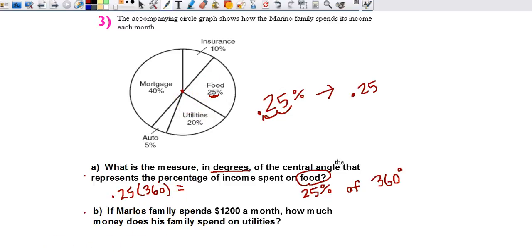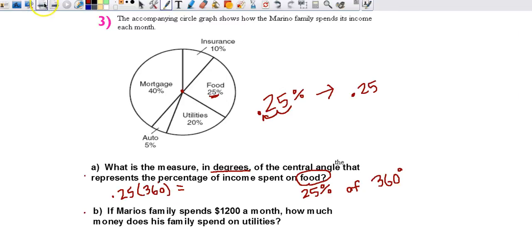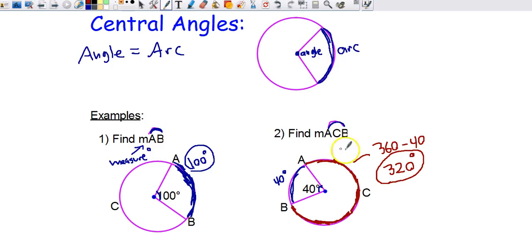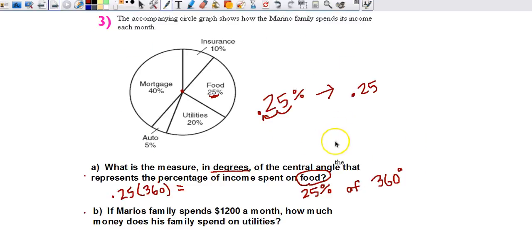So if you think about dividing 360 by 4, what do you think that's going to get you? That's 90 degrees. That's the same thing that I drew right here. So that's a quarter of the circle. That's 90 degrees. There's your answer.